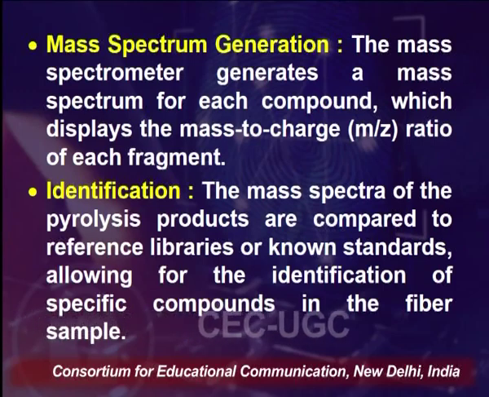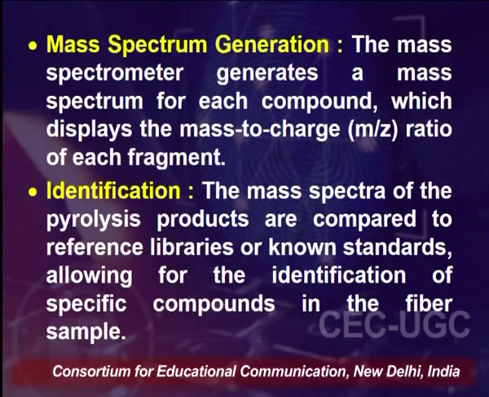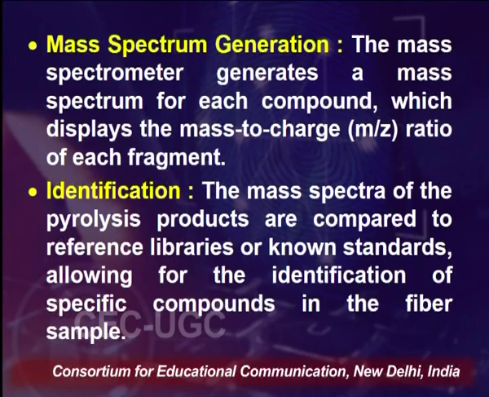We can identify the pyrolysis products by comparing them to reference libraries or known standards, which allows for the identification of specific compounds in the fiber sample. Data can be interpreted by the chromatogram analysis of the GC, by the mass spectra interpretation and by the polymer identification.